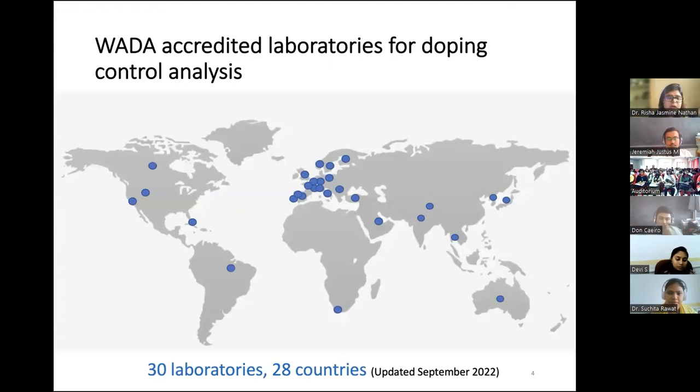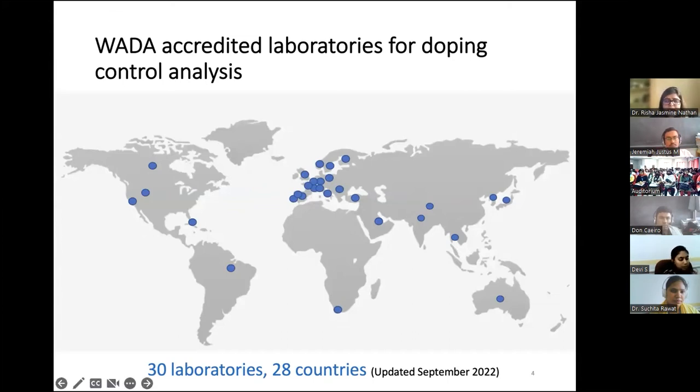If you see the map, this is a map that I have built, trying to put dots exactly where these labs are situated. You can see in Asia, there are not many labs. However, India is lucky to have one. I worked there as a junior analyst, because later I was picked up by the laboratory, the same laboratory where I was an intern.